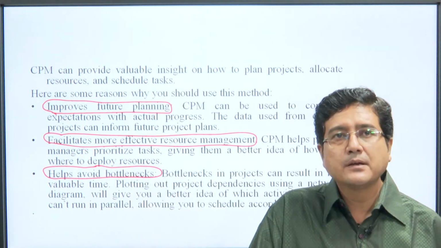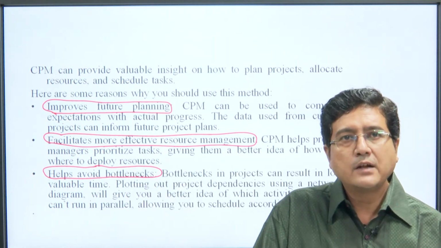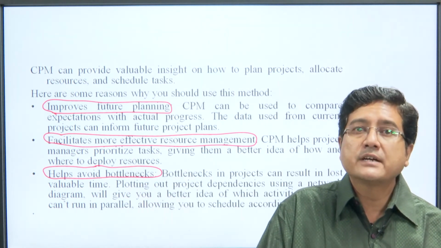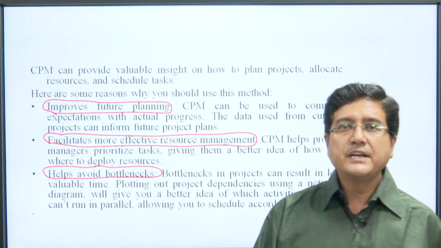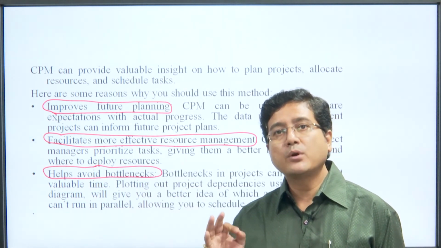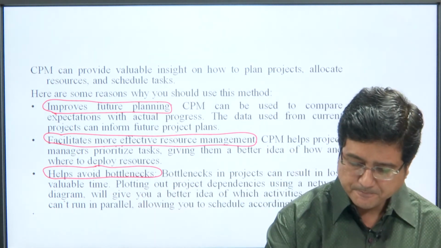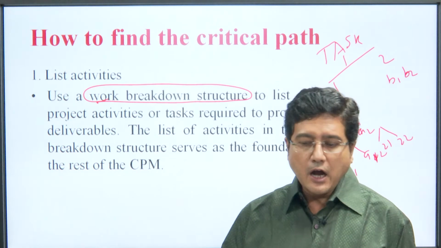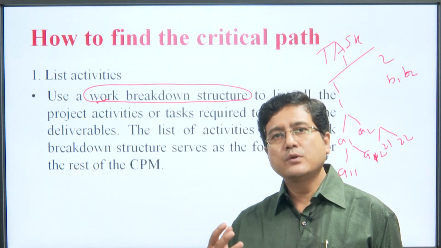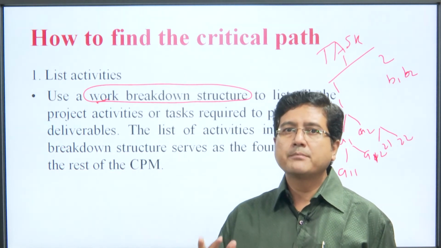Why do we use CPM? Because it is helpful for future planning, helps facilitate more effective resource management, and helps avoid bottleneck problems. So we use CPM for this. How can we design it? We have four steps, like listing down the activities with the work breakdown structure.